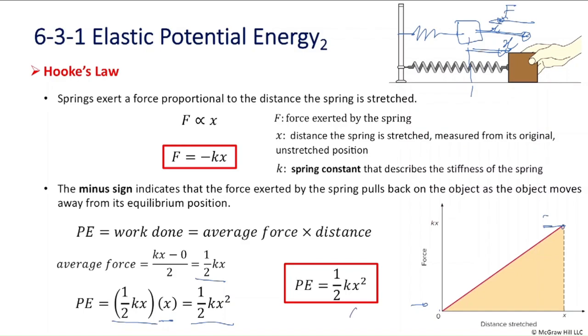If x is doubled, then we have to take the square value, right? PE is equal to half k (2x) squared, which is 4 times half kx squared. So that means if the displacement is doubled, then its elastic potential energy increases by 4 times. Now the key idea is the more you stretch or compress a spring, the more energy is stored in it.